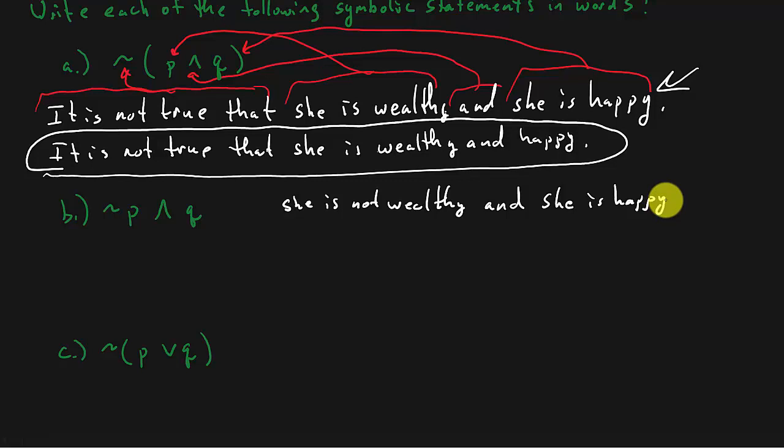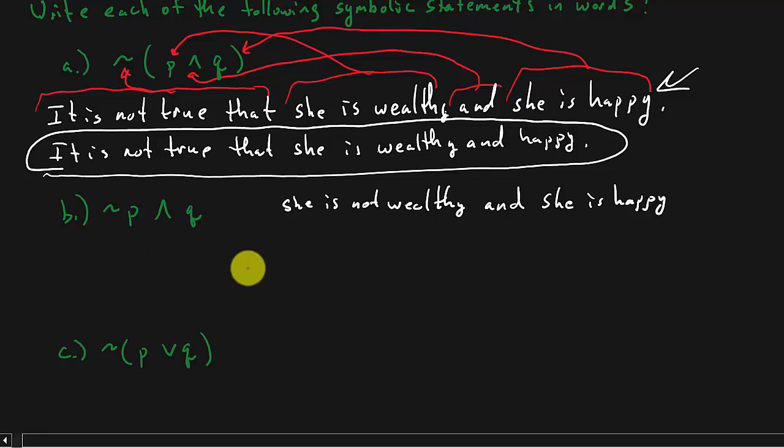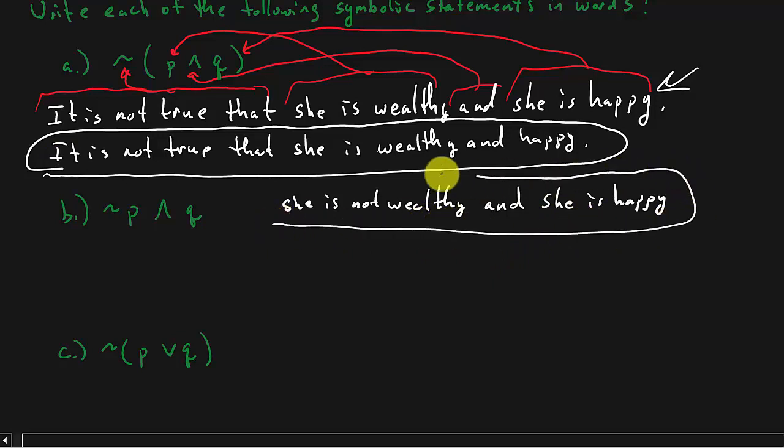So she is not wealthy and she is happy. I wrote it up here to see if we could write it in a simpler form, but looking at this, I don't see any other way to write it. So that's really about all you're going to do with that one.